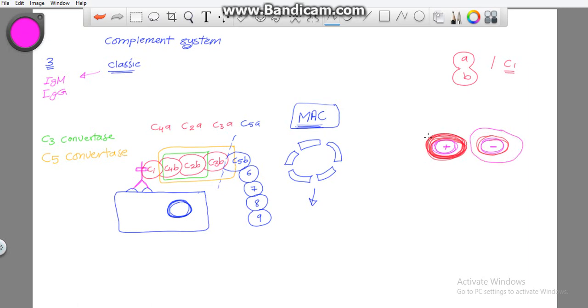So the MAC would basically be more effective on gram-negative bacteria than on gram-positive bacteria.